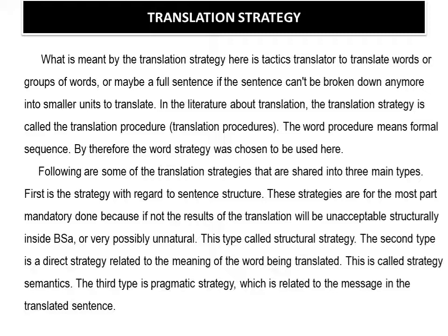This type is called structural strategy. The second type is a strategy related to the meaning of the word being translated. This is called semantic strategy. The third type is pragmatic strategy, which is related to the message in the translated sentence.